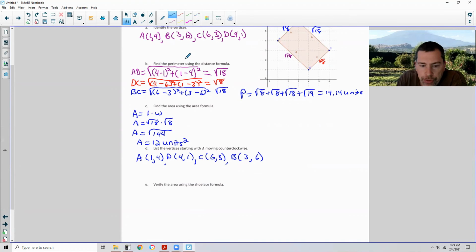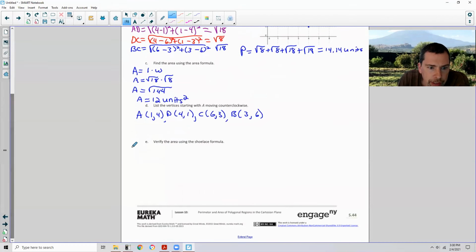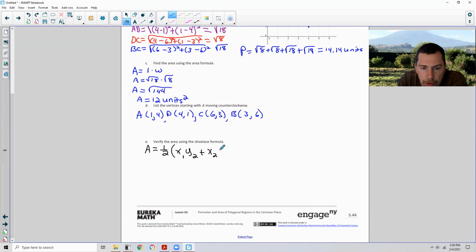And what the shoestring formula is, let me get it one moment. I keep saying shoestring. It's the shoelace formula. Okay, so the shoelace formula is A equals 1/2 the quantity. And what we're going to do is take X1, Y2 plus, then we're going to go to the next X, X2, Y3.